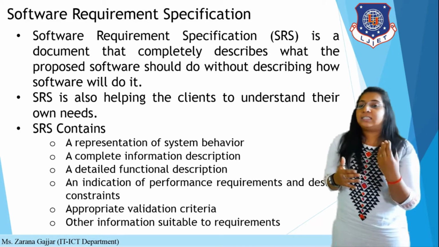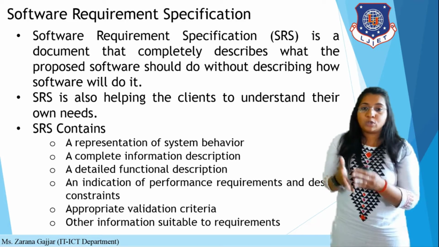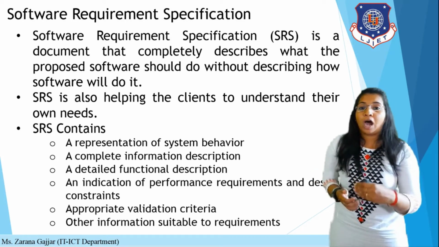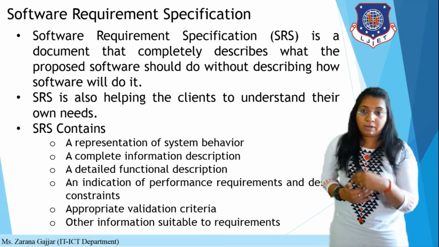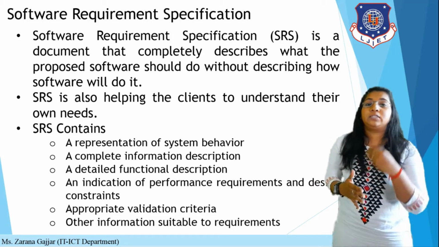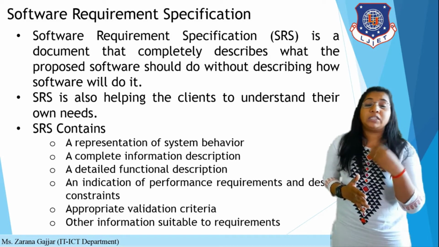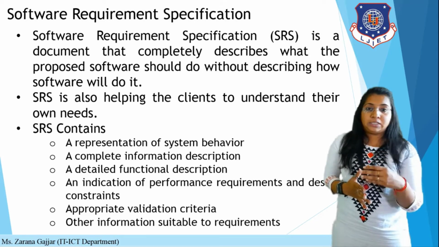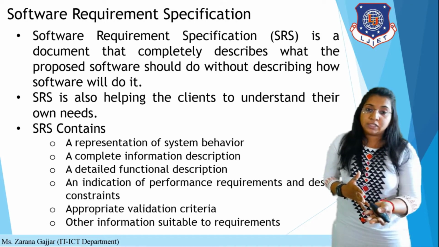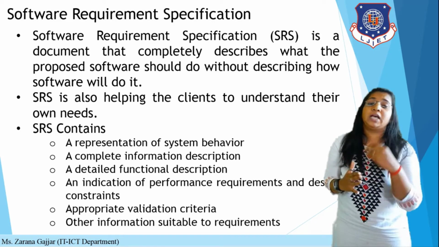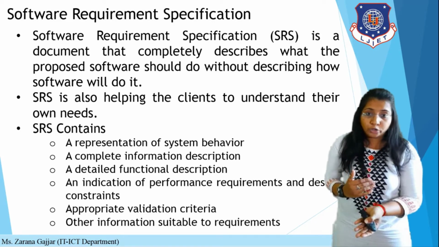And what does SRS contain? An SRS document contains a representation of system behavior, so how your system will behave is mentioned. Then the complete information description: what is the purpose of your system, what is the scope of that particular software, what is the feasibility study, what interfaces you are using, and what the hardware and software requirements are. All these things are mentioned in an SRS document.